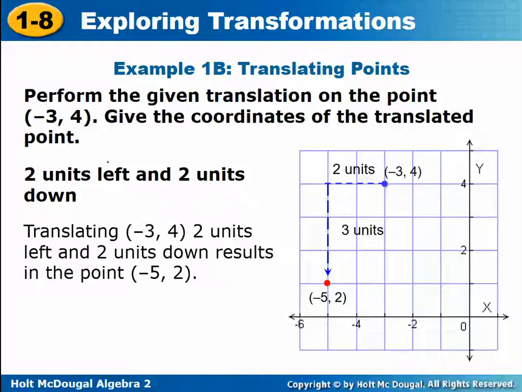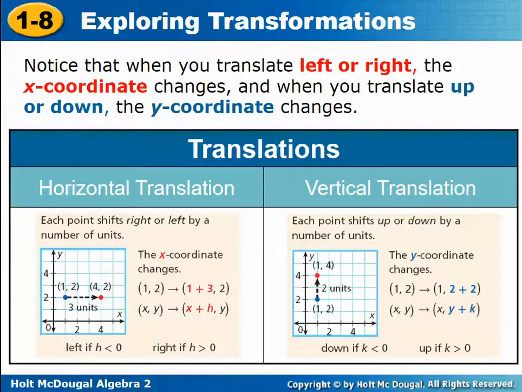So the rule would be you take your x-coordinate and move 2 units to the left, take your y-coordinate and move 3 units down. So we went x - 2 and y - 3.